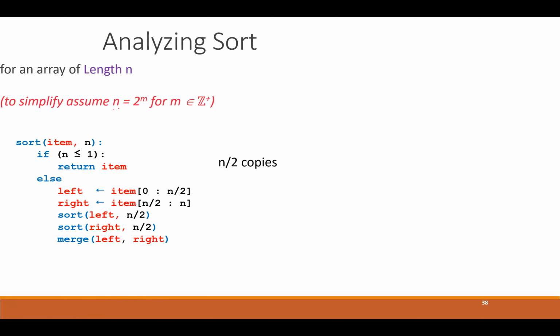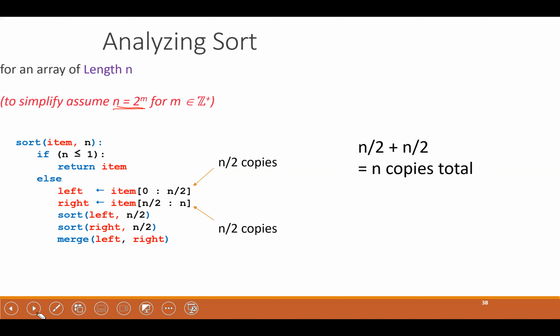So yeah, let's analyze sort. And again, we're assuming that n is a power of 2, so it always divides evenly. So when I copy the left-hand side of the list into my left list, I have n over 2 copies. When I copy the right-hand side of the list into my right list, I have n over 2 copies.